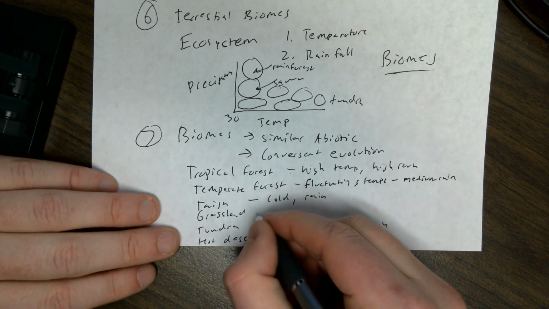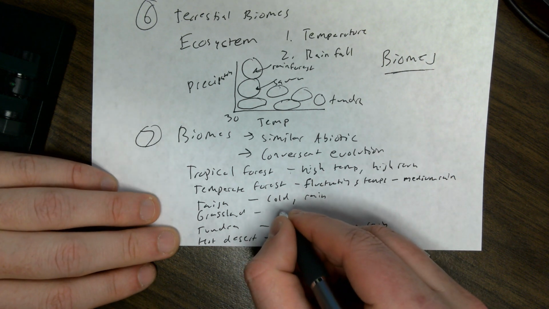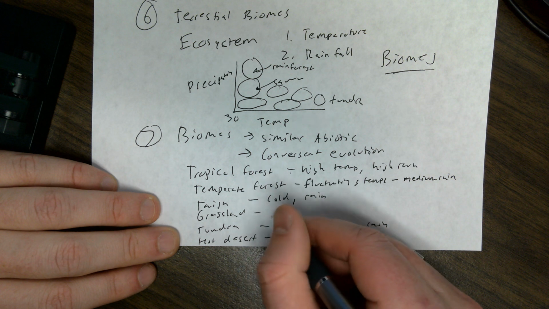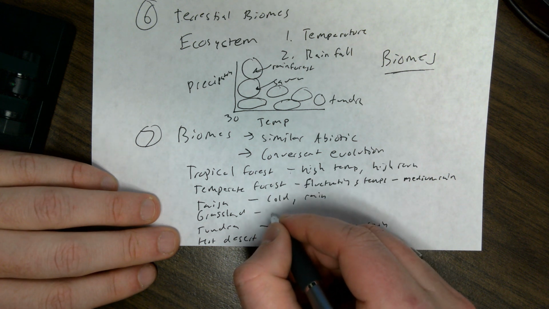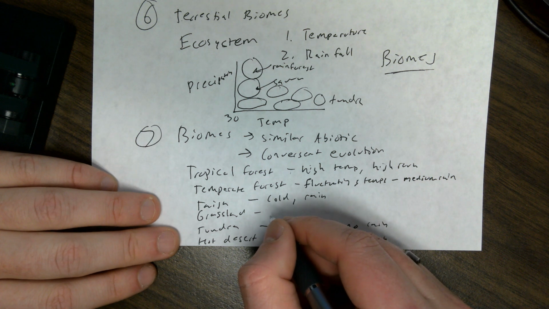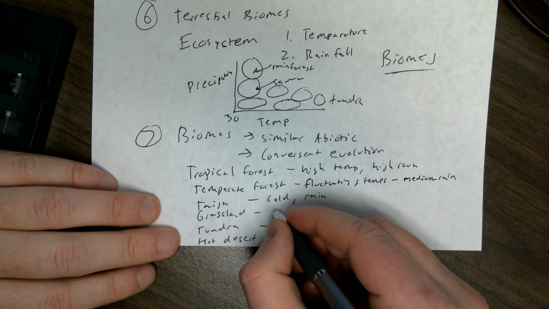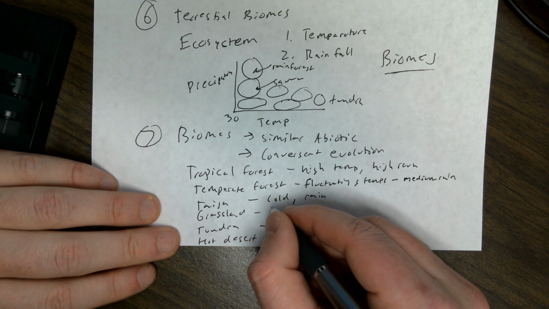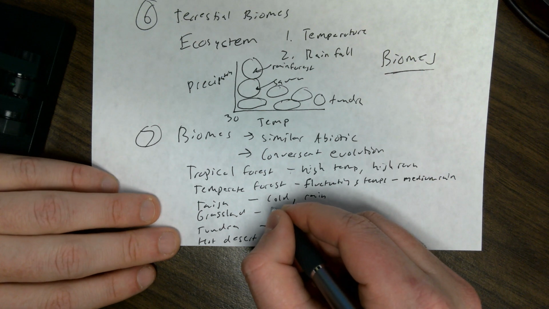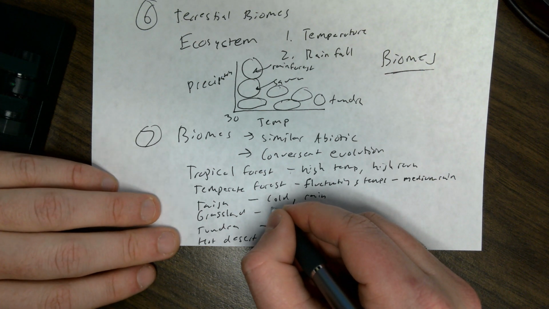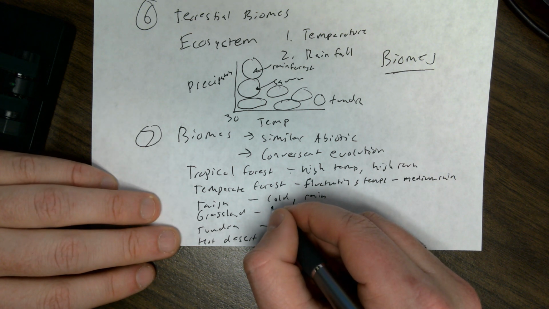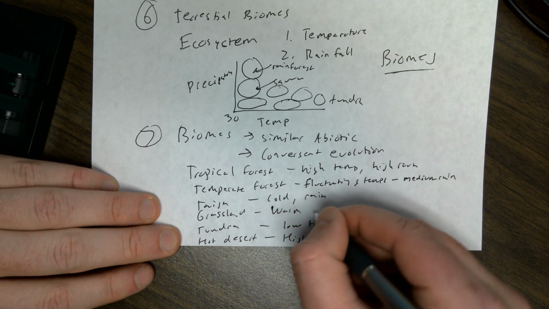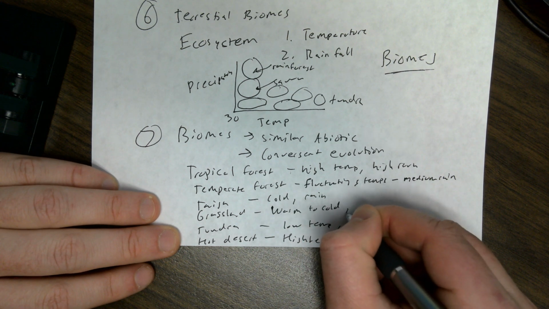Our grasslands are going to be intermediate temperatures, so it kind of depends on whether you're talking about a temperate grassland or a savanna. For a typical temperate grassland, though, the temperatures would be very similar to a temperate forest, with fluctuating temperatures, so you'd have anywhere from warm to cold depending on the time of year.